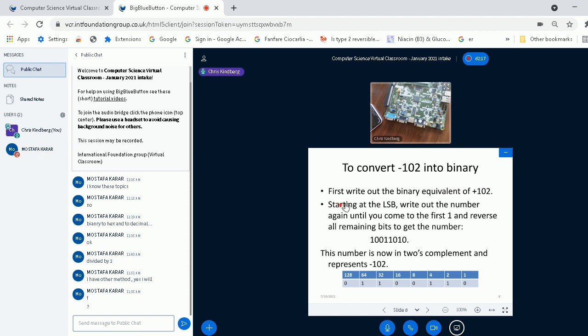And starting at the least significant bit, you write out the number again until you come to the first occurrence of 1, and you flip all the remaining bits to get the number 10011010. And this number is now in 2's complement and represents minus 102.